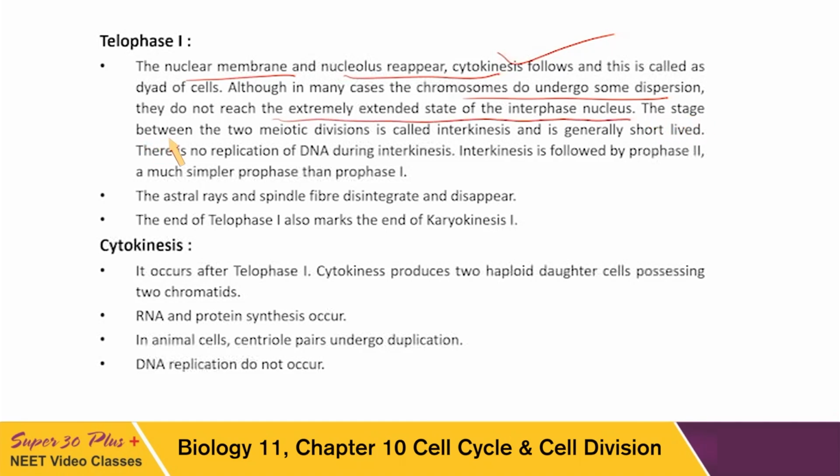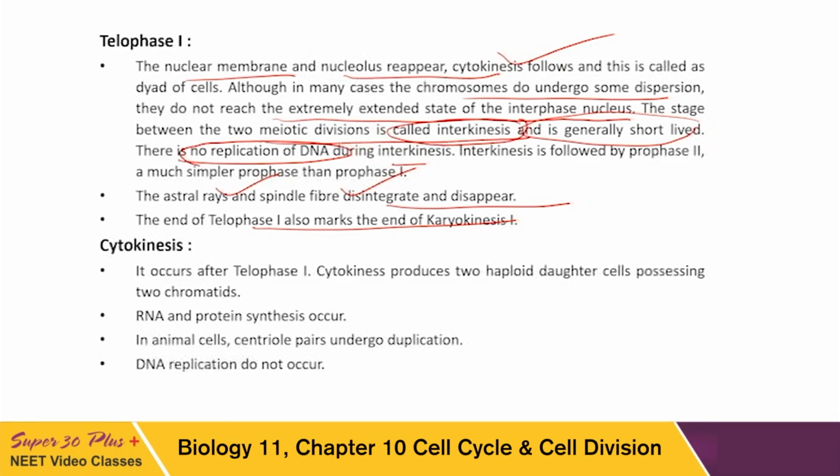The stage between the two meiotic divisions is called interkinesis. Generally this is short-lived, and there is no replication of DNA. This is the important point here, the interkinesis stage. Astral rays and spindle fibers disintegrate and disappear, and the end of telophase marks that karyokinesis is over.